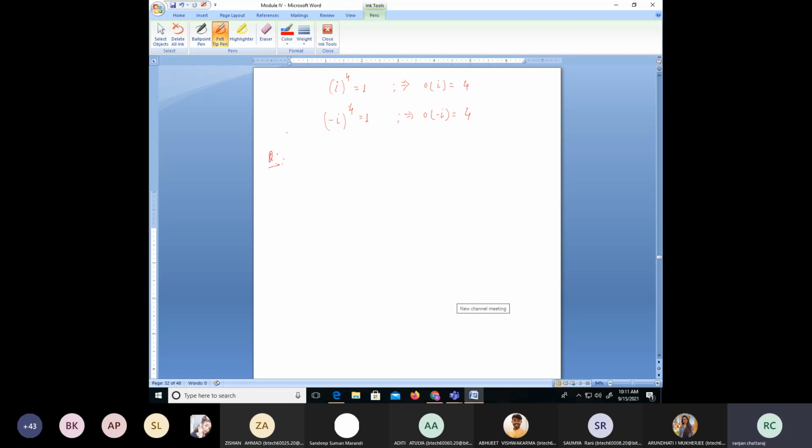The question is: prove that if, with respect to any binary composition in G, A square is equal to the identity, then G must be an abelian group.